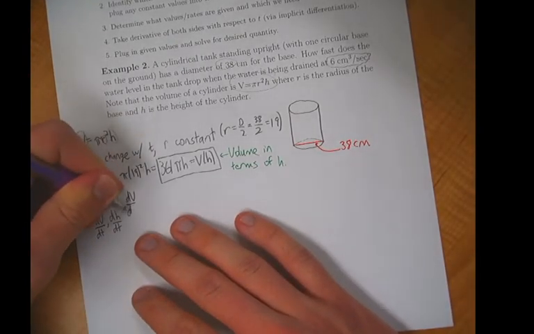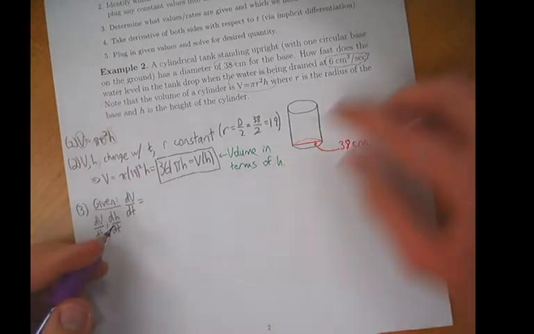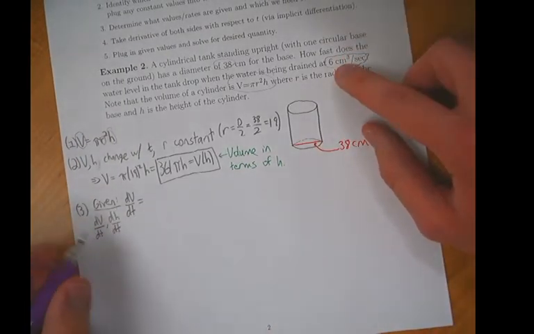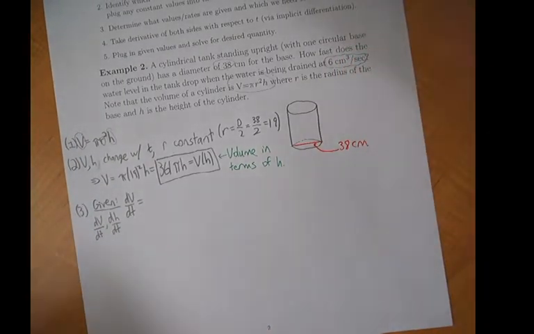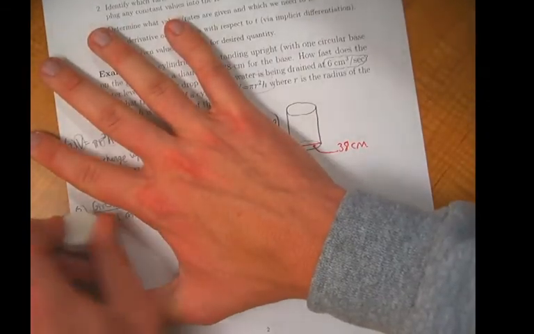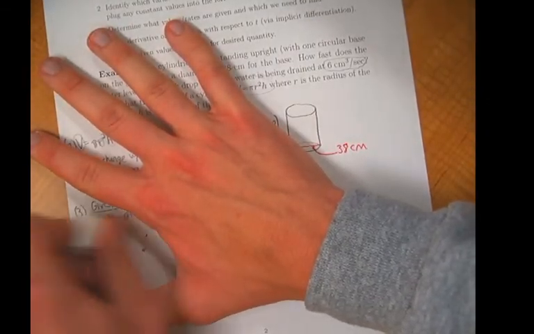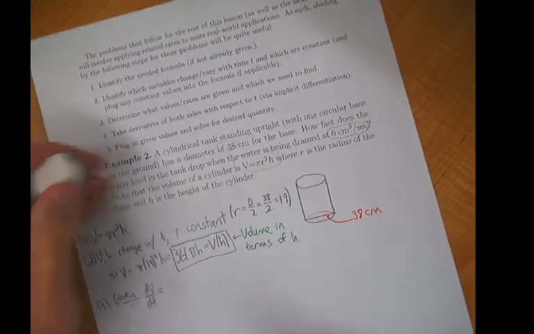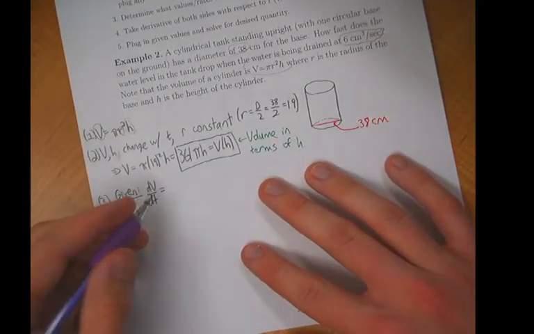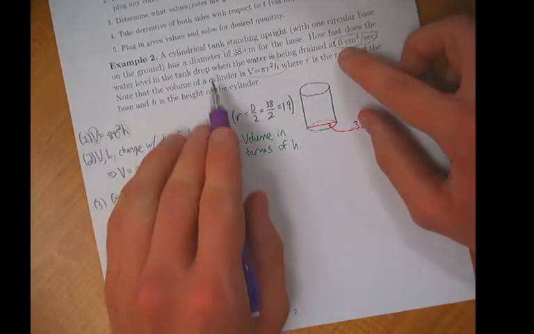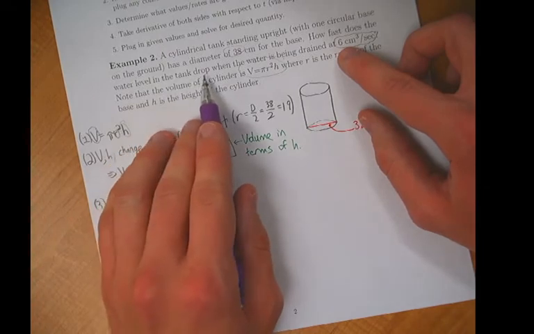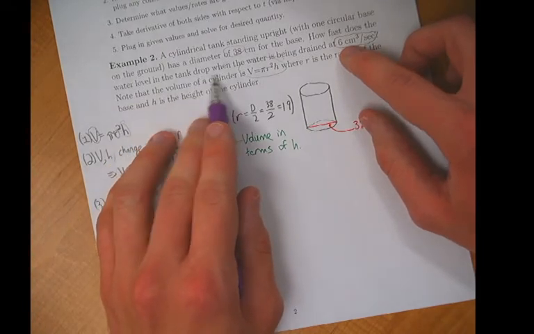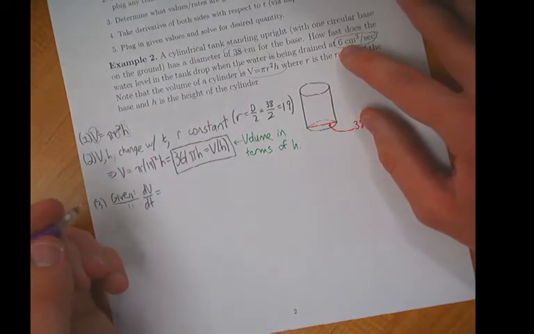So in this case, dV/dt is going to equal, and the catch with this is that even though it is correct that the 6 corresponds to dV/dt, the caveat is that the water level in the tank is dropping at a rate of 6 cubic centimeters per second.